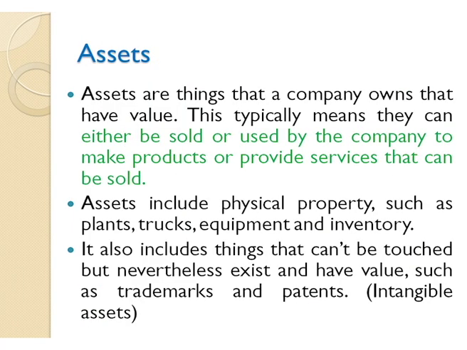Now, dear students, let us try to understand what assets are. Assets are things that a company owns that have some value. This means they can either be sold or be used by a company to make products or provide services that can be sold. So assets include physical properties, which are called tangible, like plant, machinery, equipment, etc. It also includes intangible assets.